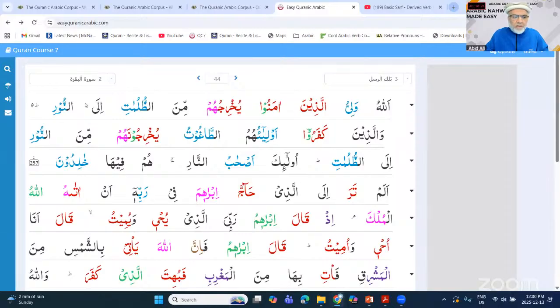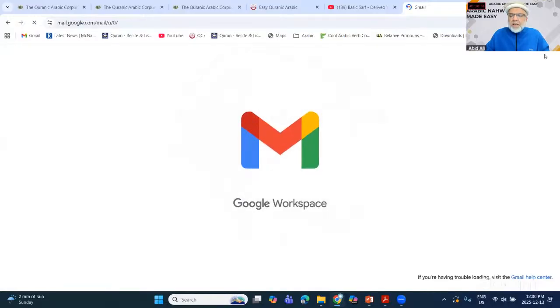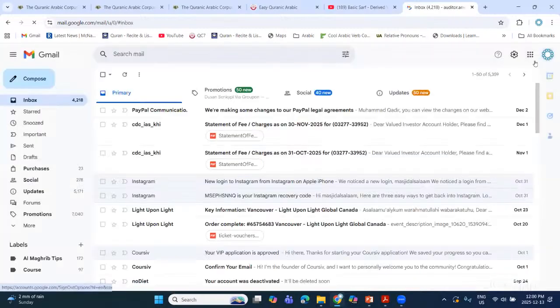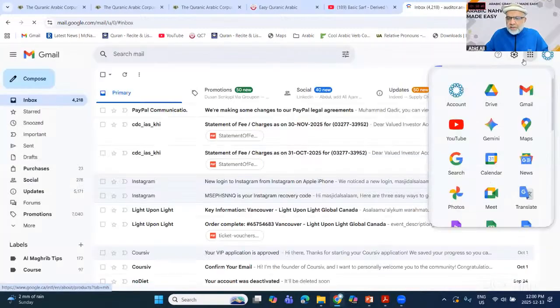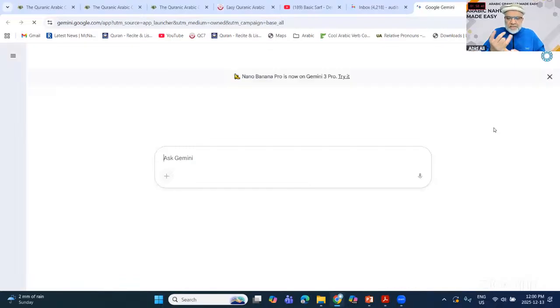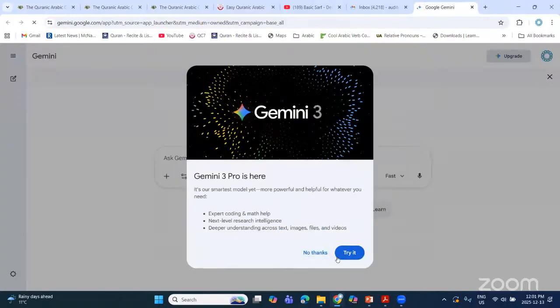I go into Gmail and log in with my account, and you can see my screen, right? Everybody can see my screen. Then I go to these dots and I go for Gemini. This is my choice of AI tool. You can use ChatGPT, Copilot and a bunch of other things. I'm going to try this out right now.